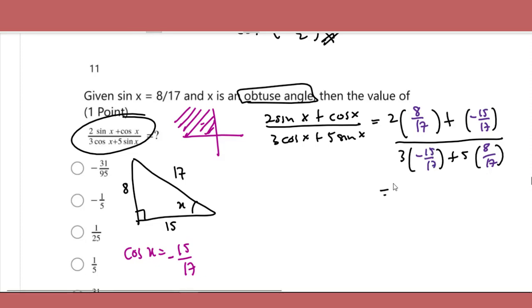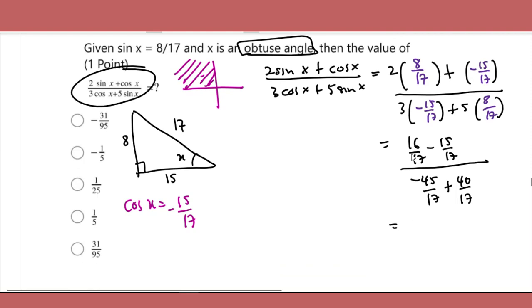Simplify: 16 over 17 minus 15 over 17, over negative 45 over 17 plus 40 over 17. Simplify, this one is 1 over 17 over negative 5 over 17, so cancel and get negative 1 over 5. The answer is negative 1 over 5. Okay.